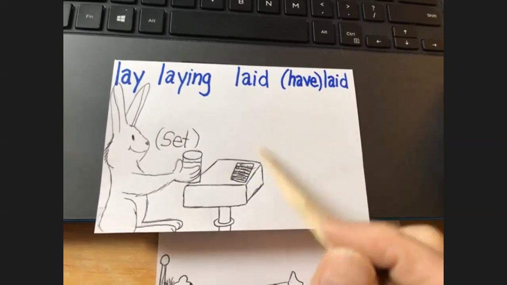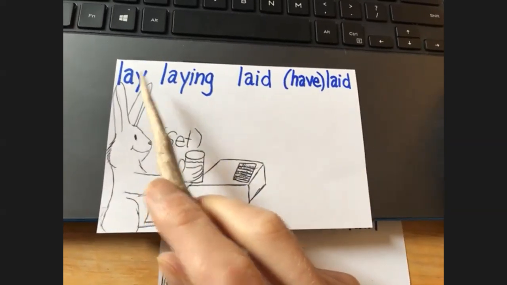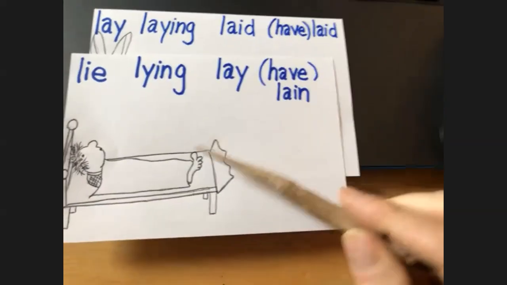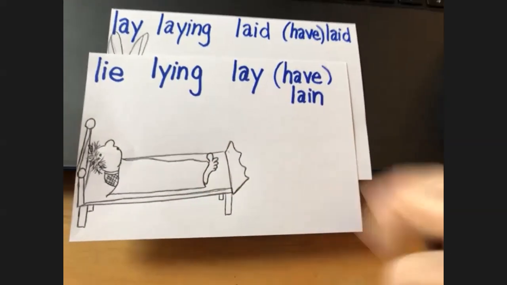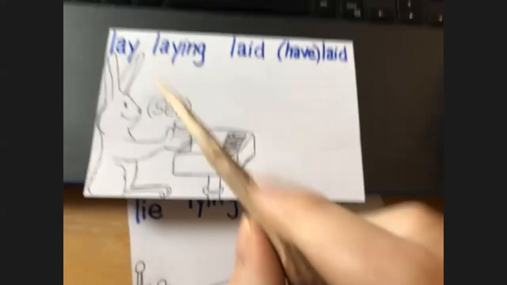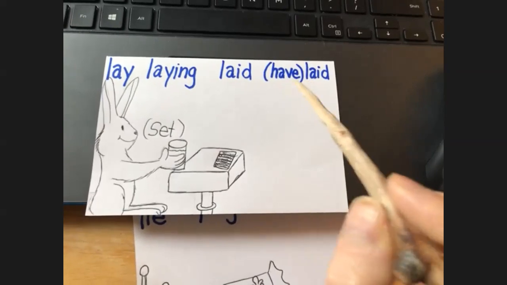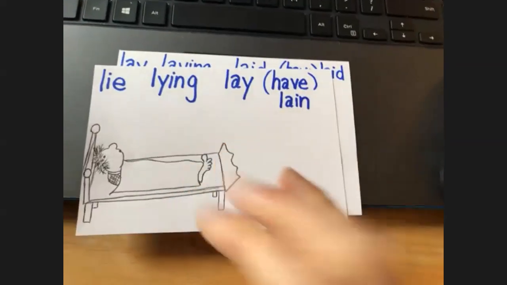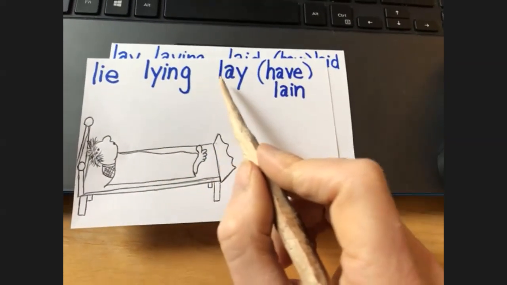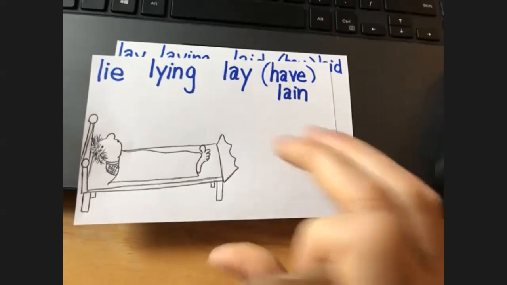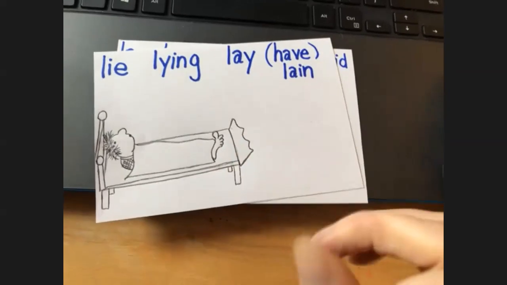Notice laid for lay. Not to be confused with have lain down. So if you're putting and placing it, it's lay or laid, right? But if you're resting or reclining, you're lying, lay or laying. The past tense is the part that is confusing.